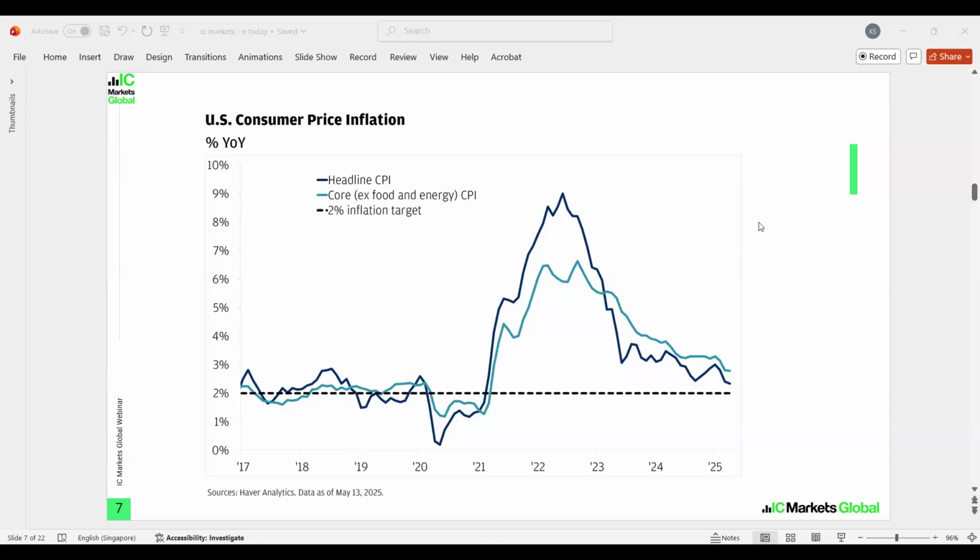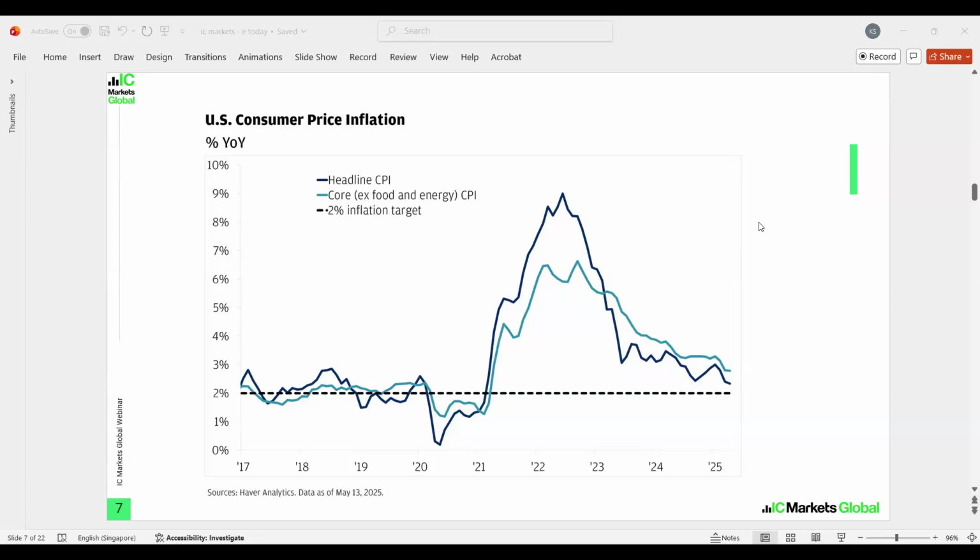When traders talk about CPI, they are often not referring to one single number, because CPI actually comes in different forms, and the distinction between them is extremely important for understanding market reactions. The two main versions you will hear about are headline CPI and core CPI. Headline CPI includes everything in the consumer basket, including volatile components like food and energy prices.